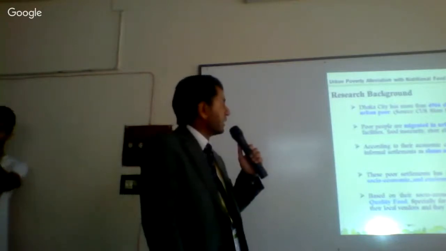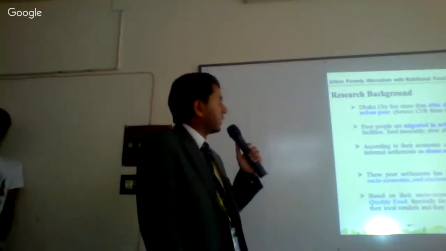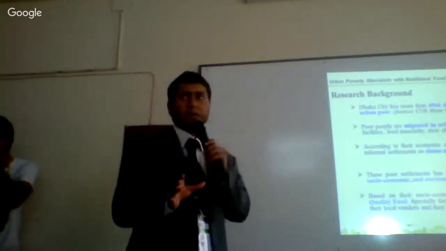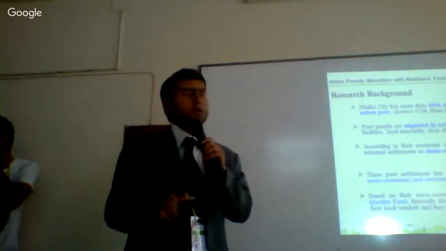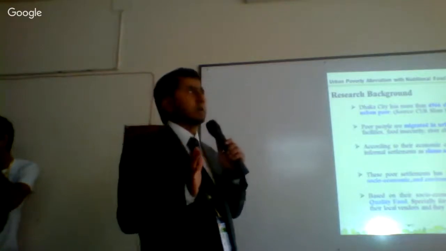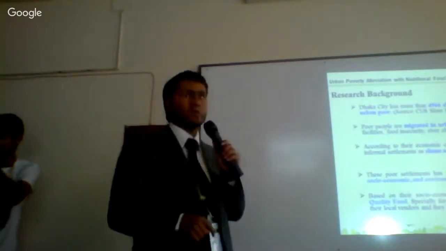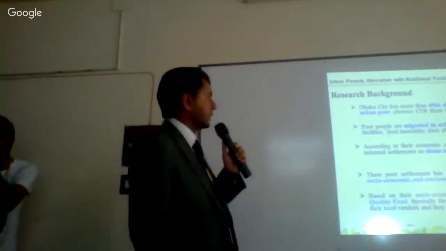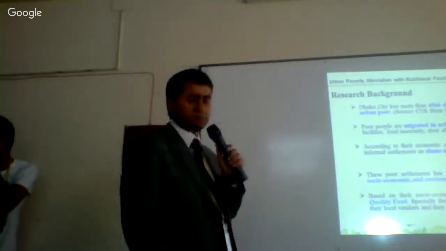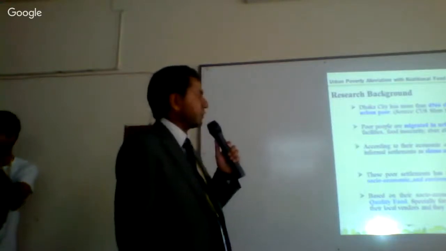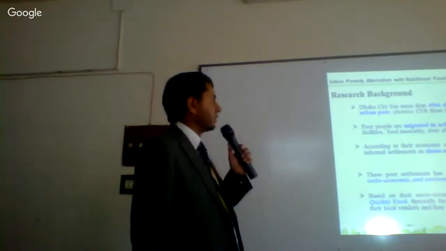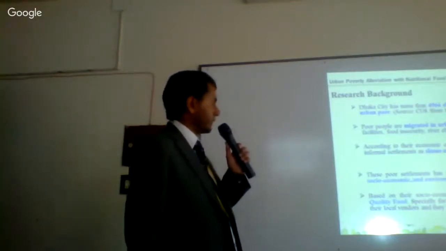In my paper, I mentioned that according to WFP and World Bank data, every year 0.3 to 0.4 million people are coming to Dhaka. So this is the most important and essential issue for urban poverty.